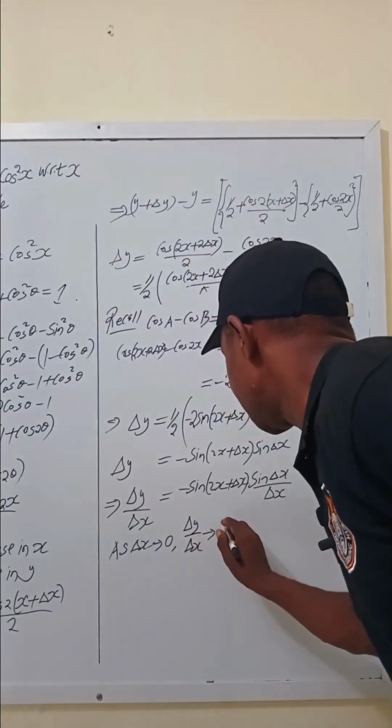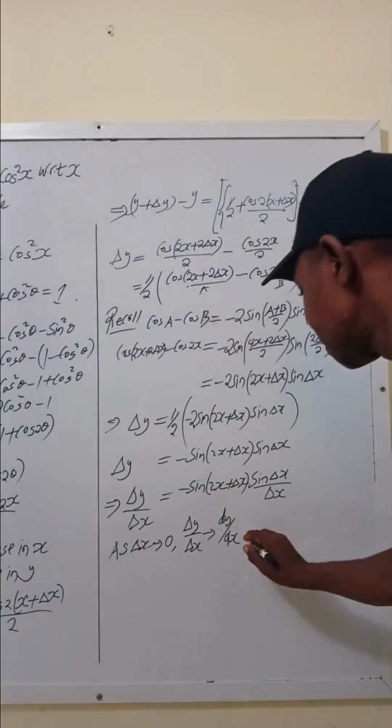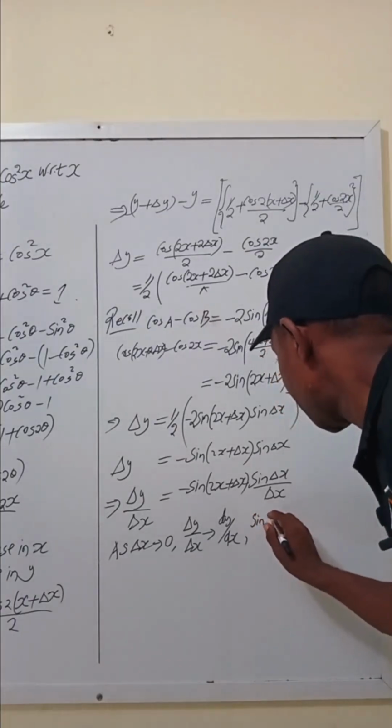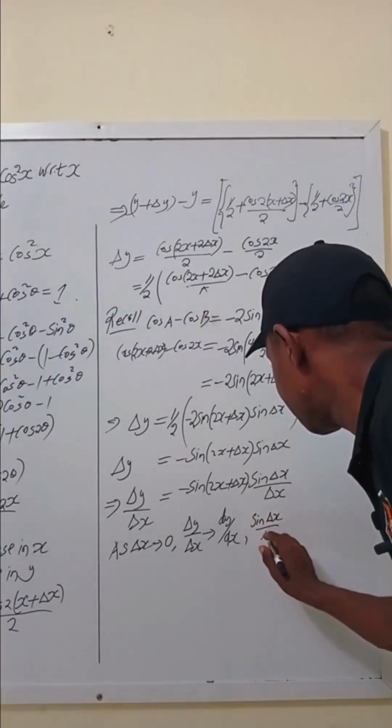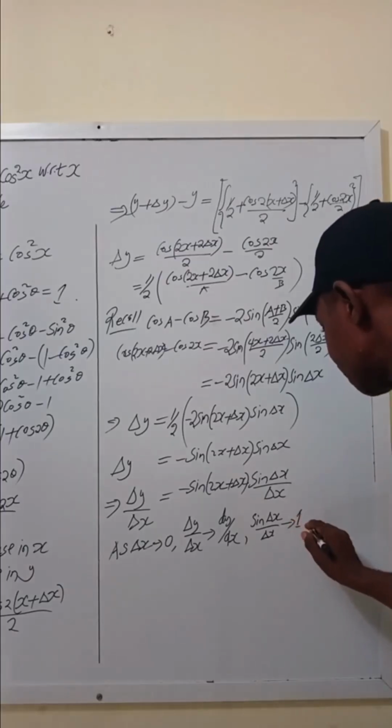This one will tend to dy dx, the one we are looking for. Then what will happen to sine delta x over delta x? This one will tend to 1.